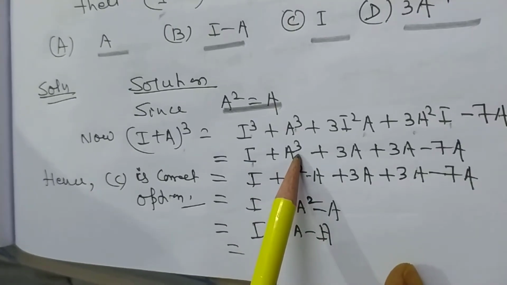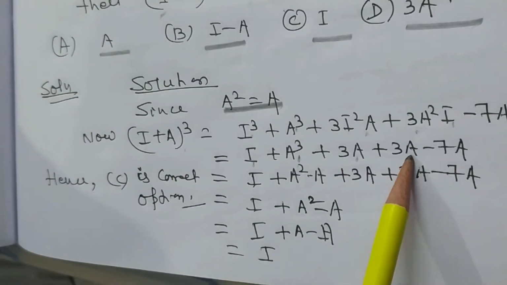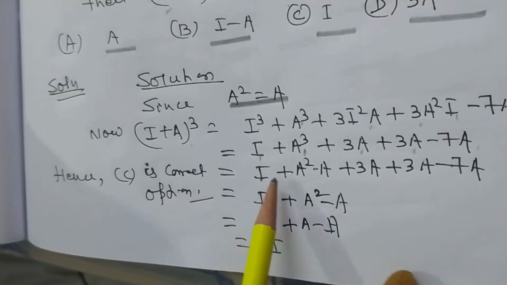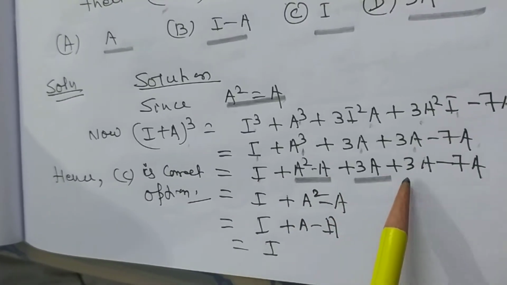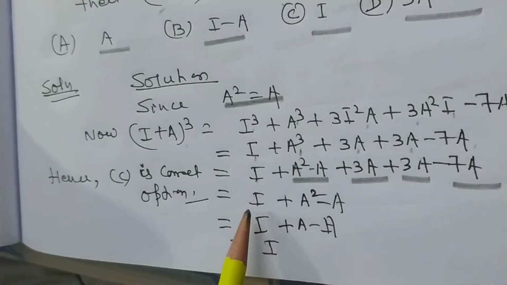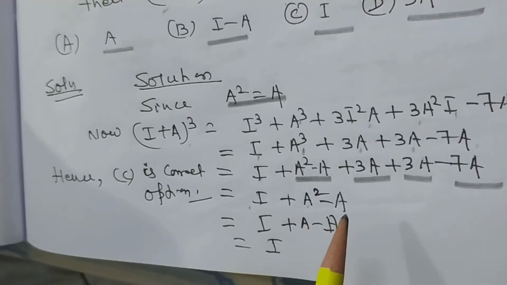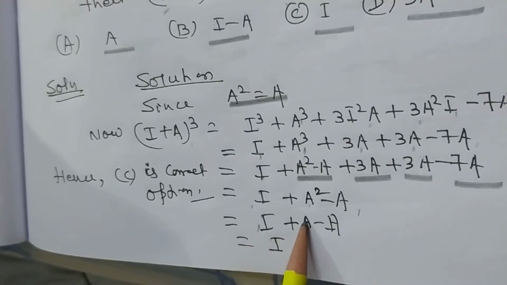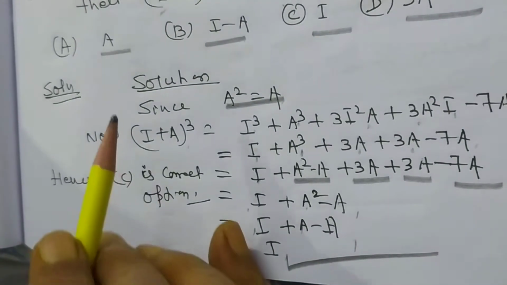That is I plus A square into A plus 3A plus 3A minus 7A. A square is equal to A, so it will be I plus A square minus A, that is I plus A minus A, that is I. So C is correct option.